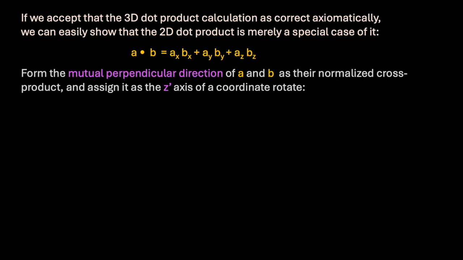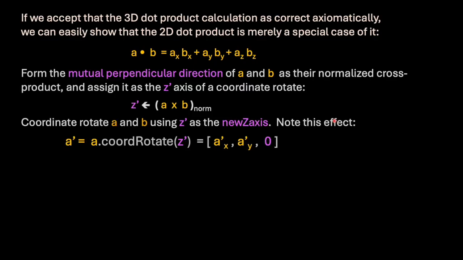If we form the mutual perpendicular direction of A and B as their normalized cross product, and then assign it as the z prime axis for a coordinate rotate, here's what happens: when we rotate these vectors, all of the information is rotated into the x and y coordinates, and the z coordinate will be 0.